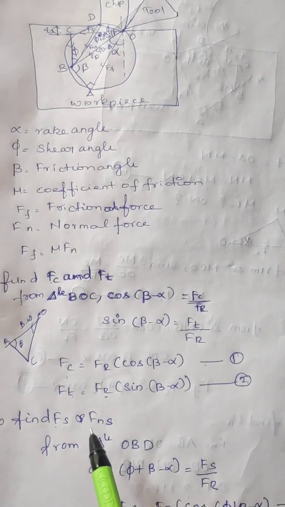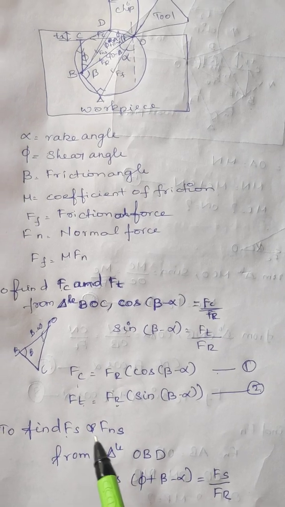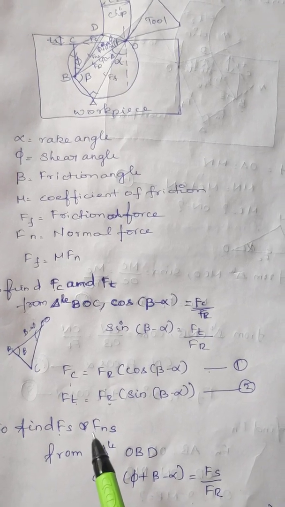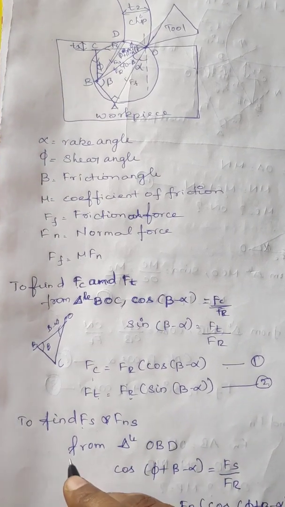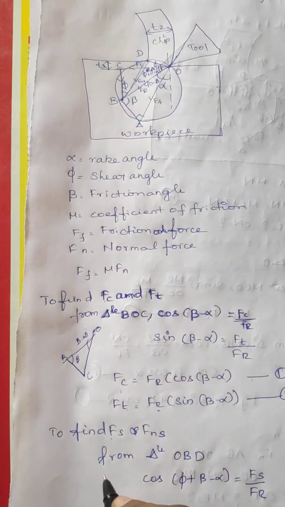Now we are going to calculate Fs and Fns, that is the shear force and the force normal to the shear force. For this we take the triangle OBD.